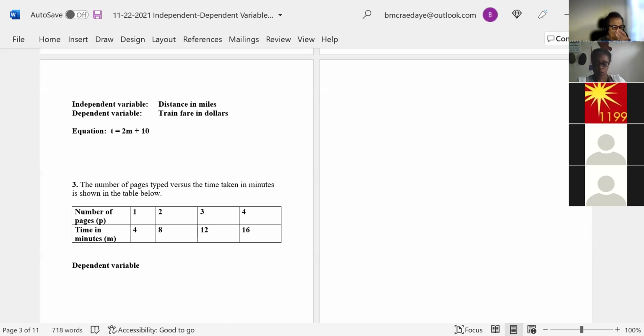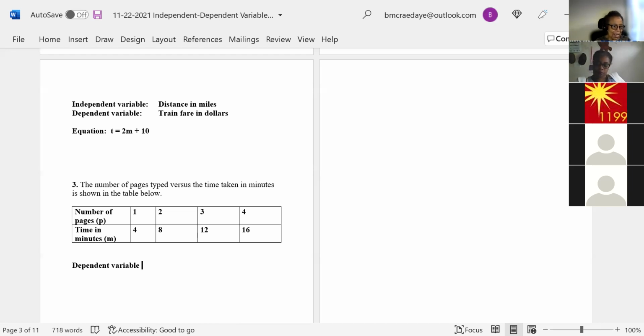Yeah, I know. I'm giving you the 2 variables. One of them is input, one is output. Is the number of pages input or output? Or is the time in minutes input or output? The output would be the dependent variable.